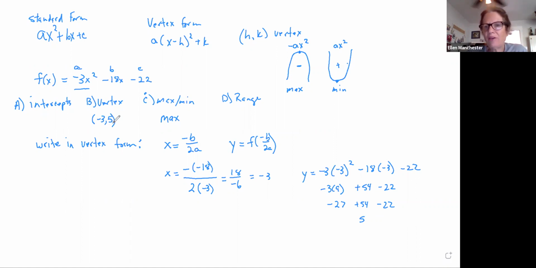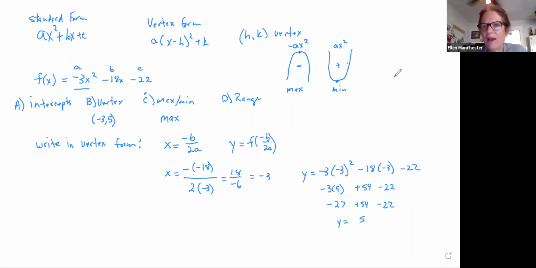So this is the highest point, right? Your y value is going to be the highest point in this case, since we have a parabola that opens down. It's a sad face. The highest point is at 5.